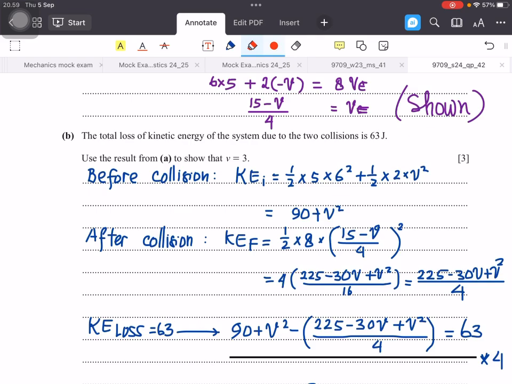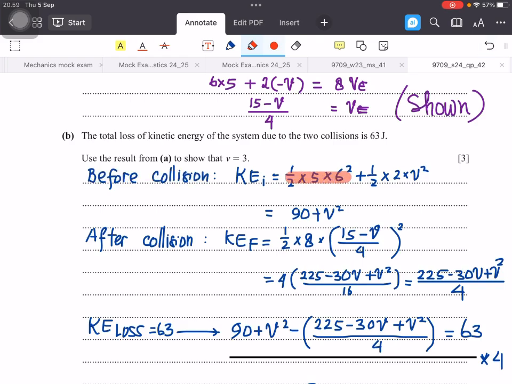Part B. The total loss of kinetic energy of the system due to the two collisions is 63 joules. Use the result from A to show that V is equal to 3. So first, find the kinetic energy of the system before the collision.